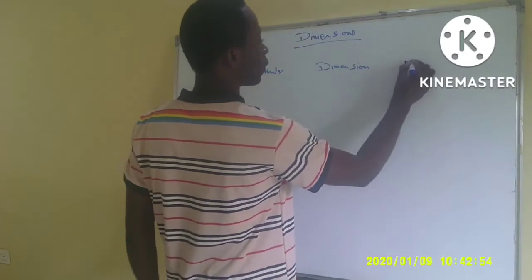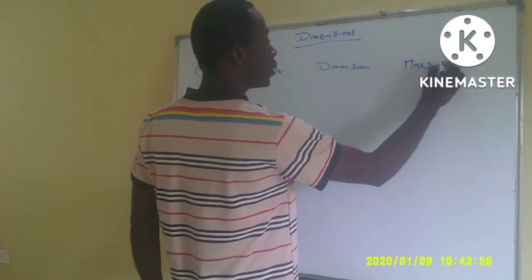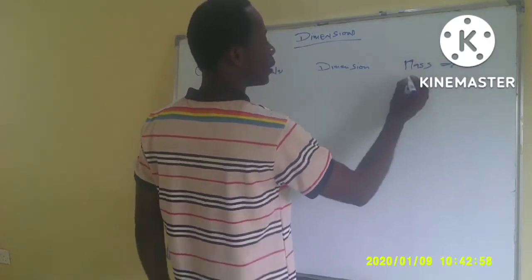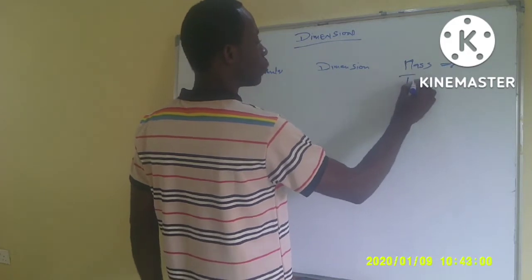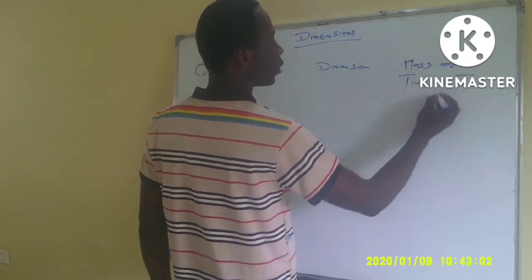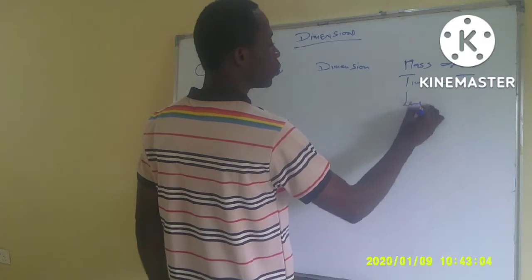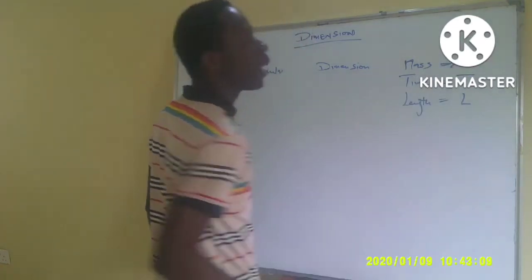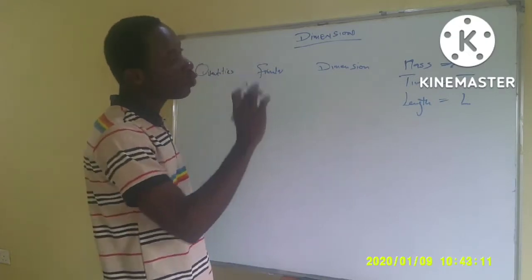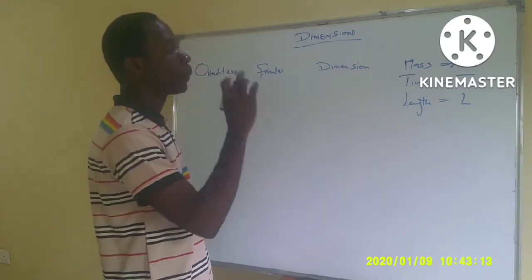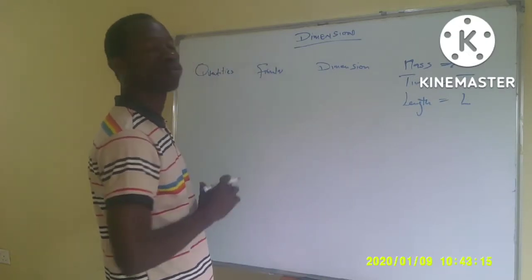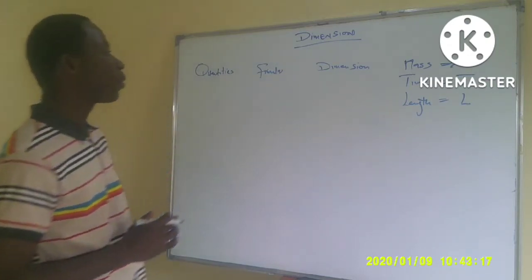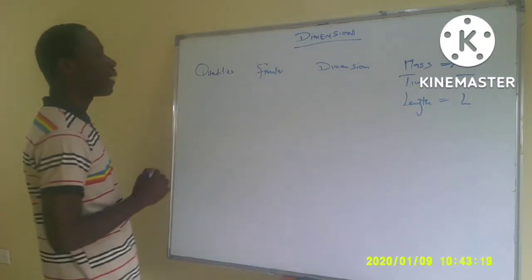We have the mass, which is represented by M. Then we have the time, which is represented by T. Then we have the length, which is represented by L. So this physical symbol of these quantities is what we are going to use to estimate or derive our dimensions.